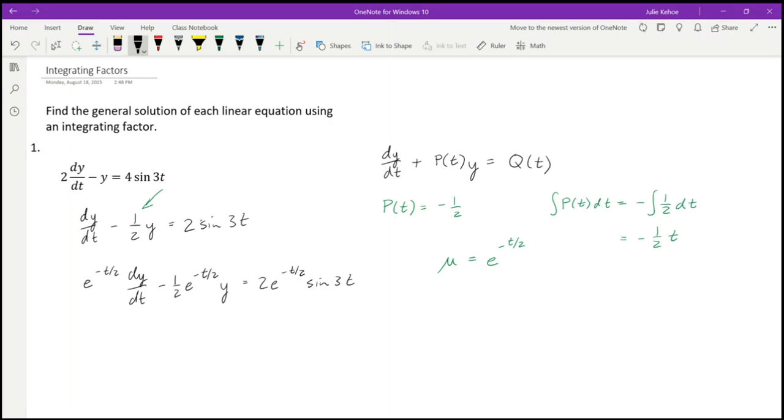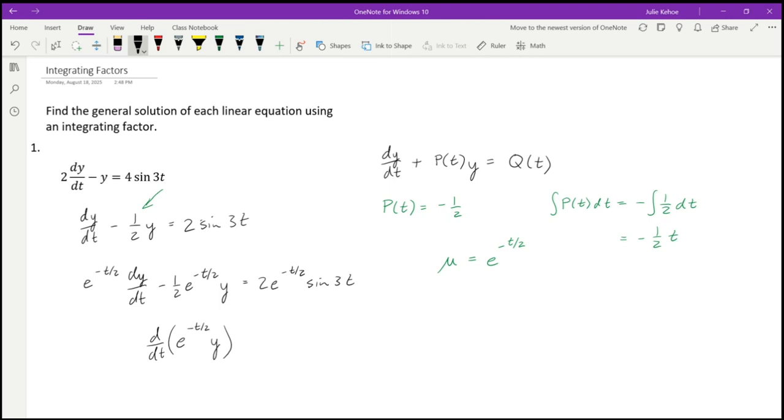Now on the left side of the equation, it can be kind of hard to see, but this is actually the product rule. If I were to take the integrating factor, e to the negative t over 2, times y, and take the derivative with respect to t, I would get what we have on the left side of our equation right now.